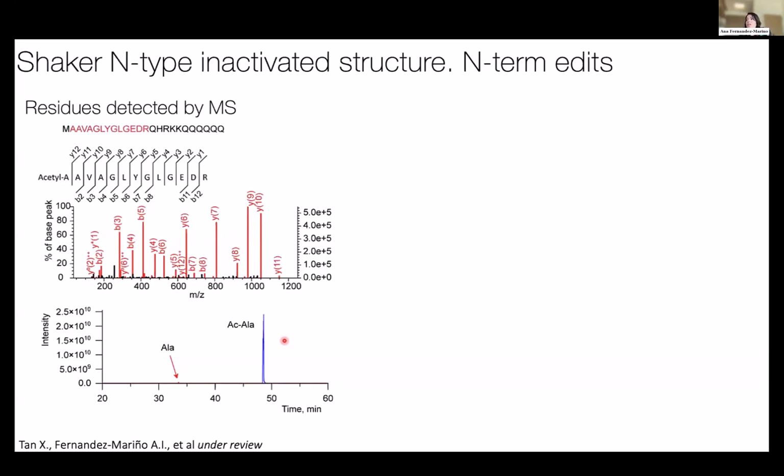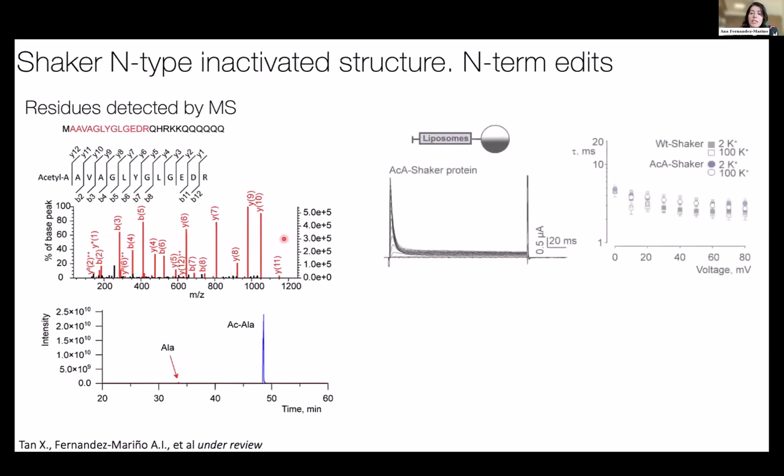So to determine whether this truncated and acetylated channel corresponds to the channel that we have been recording since forever functionally, I went ahead and took this protein, the same one we sent for mass spec and the same one that we used for cryo-EM, reconstituted it into liposomes and injected the liposomes into the oocyte, hoping that those liposomes would fuse with the membrane and bring that purified protein to the membrane, so I could do functional studies with it.